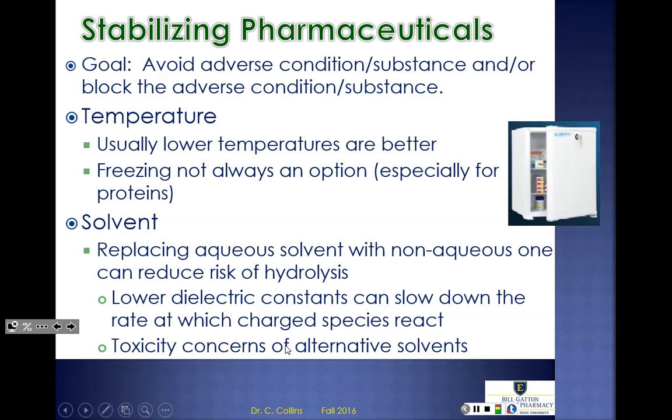So the worst place in the house to store medicine is... No, there's a worse place. What's the worst place in the house to store medicines? The medicine cabinet in the bathroom. You have increased heat, increased humidity.